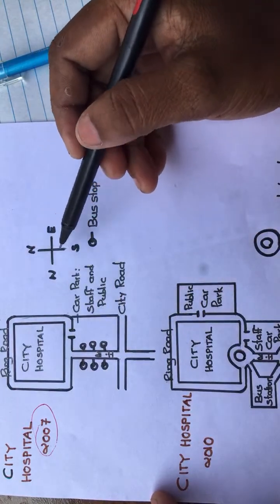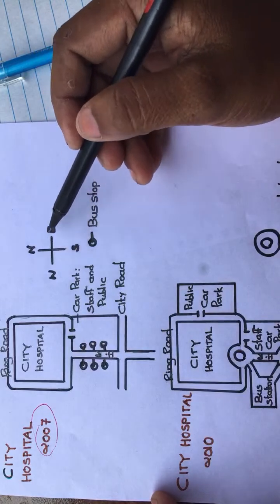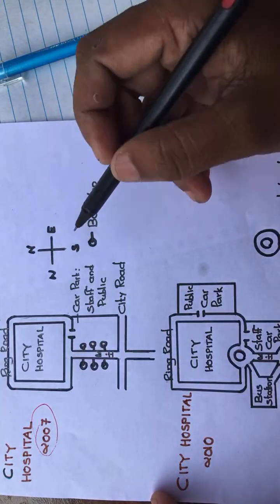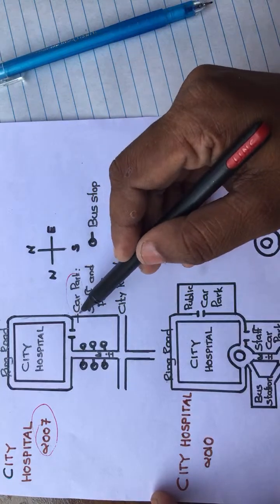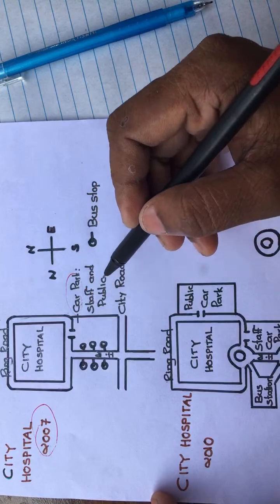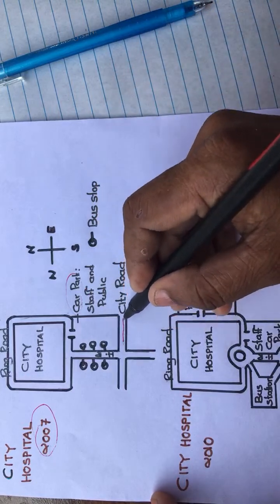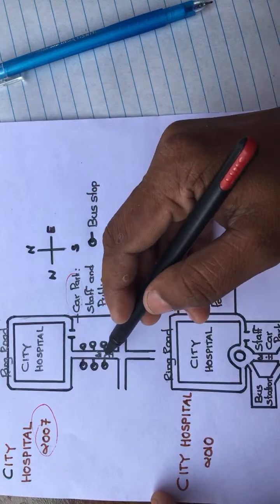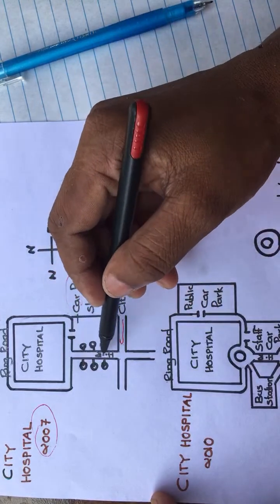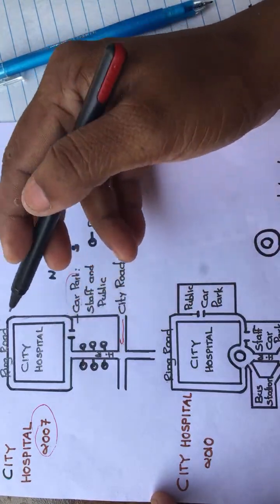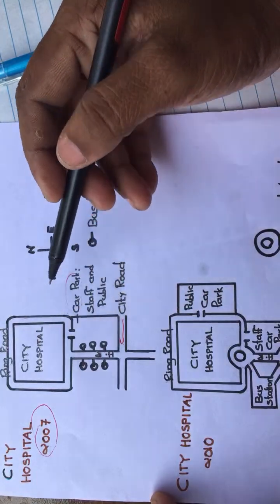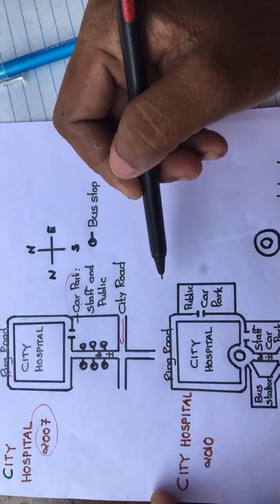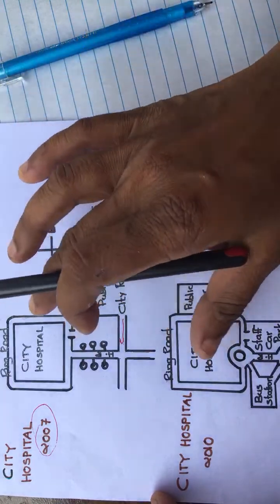Then see the directions here: north, south, east, west. This is the bus stop, and there is a car park here for staff and public, and this is a city road, and this is the hospital road. So you can find ring road, city hospital, hospital road, car park, city road. This is the main features.